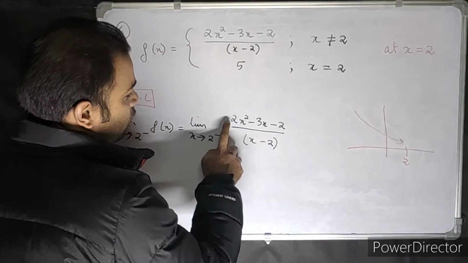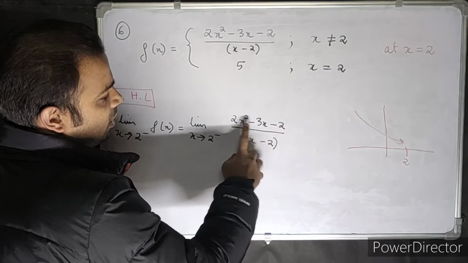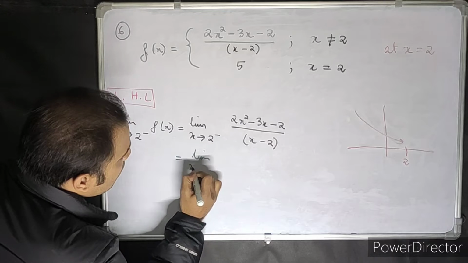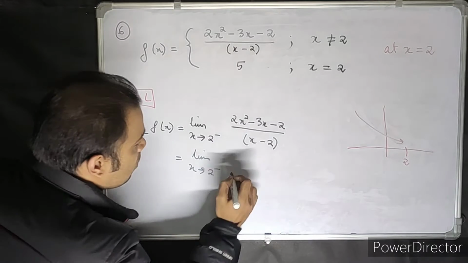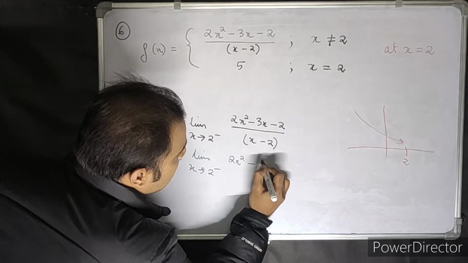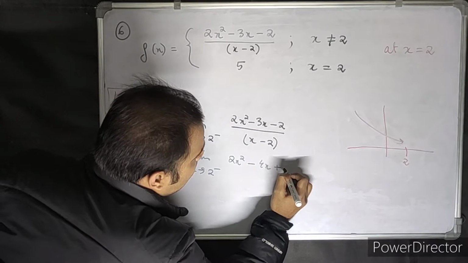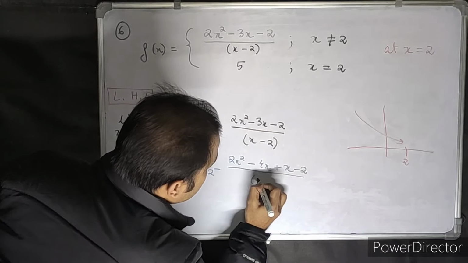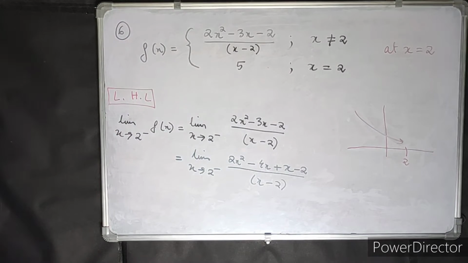So do it. 2 2s are 4, you are in class 12, 4 minus 1 will give you 3. You don't have to do it in the rough, you can just think and do. So 2x square minus 4x plus x minus 2 whole thing divided by x minus 2.